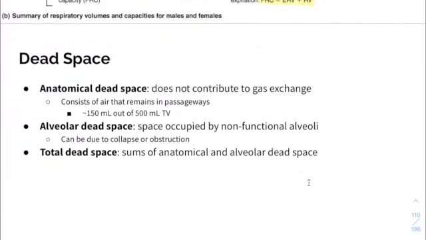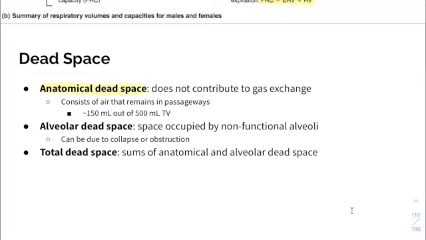Our lungs have what is called dead space. We have anatomical dead space. Gas exchange doesn't happen here. It could be air that remains in different places.